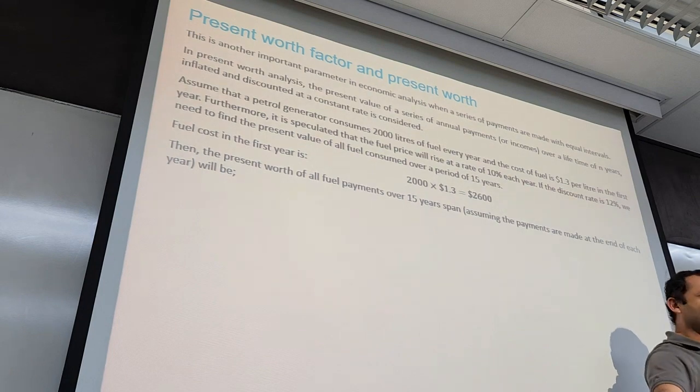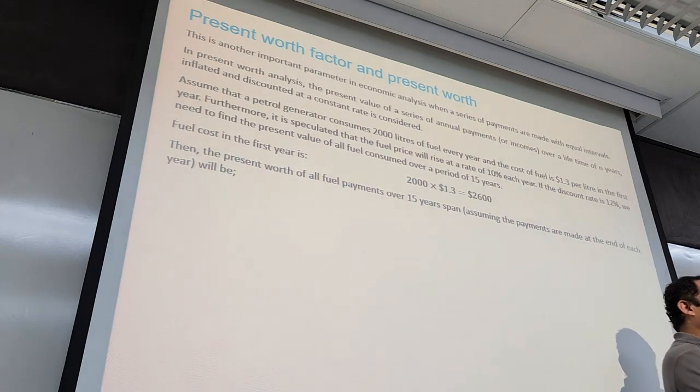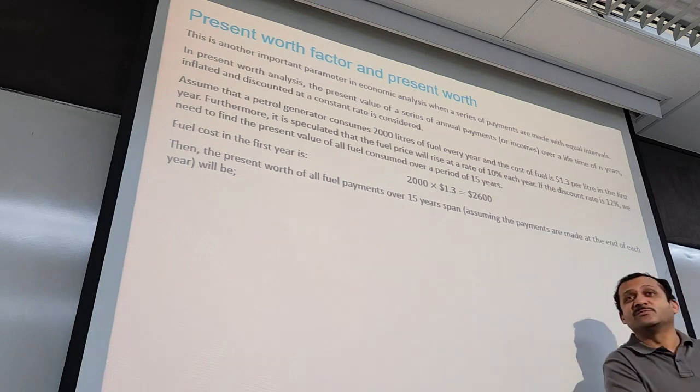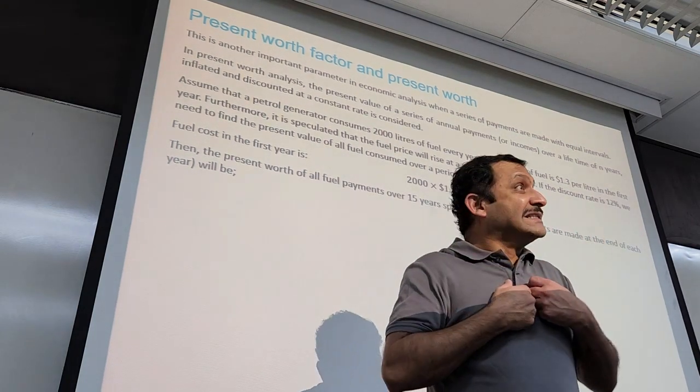The fuel will degrade. It will evaporate. It's a valuable commodity, so you need to hire a security for 15 years to look after it. Someone will come overnight and steal all that fuel. Right? That's a lot of fuel. 30,000 liters of fuel, that's a lot. So there are risks in that.